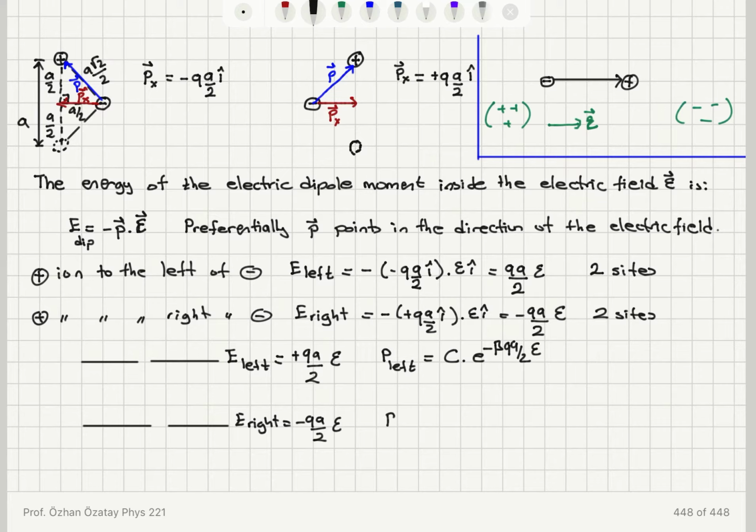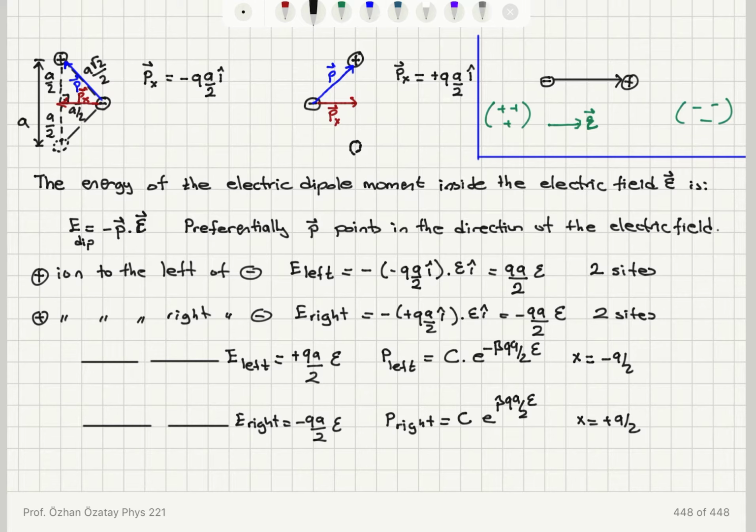And p right is c e to the beta qa over 2 epsilon. So this is when the x component of the position is minus a over 2, and the x component of the position vector is plus a over 2, so it is to the right of the negatively charged ion.